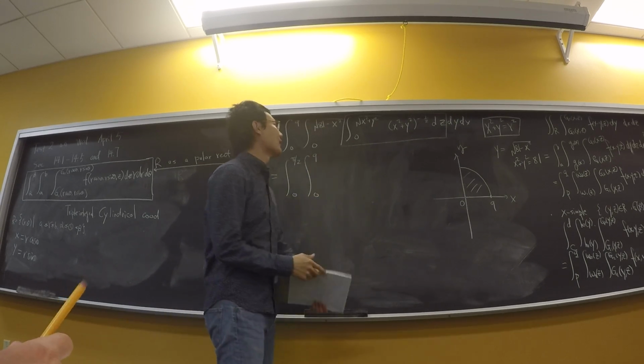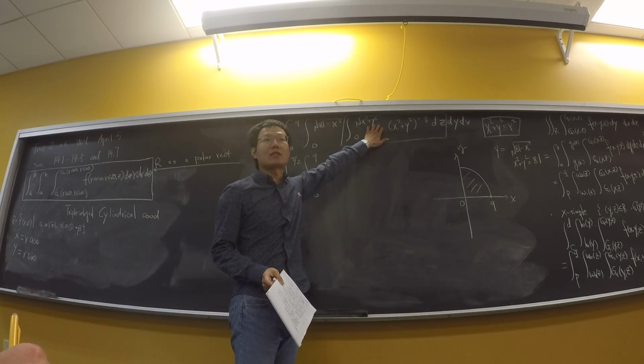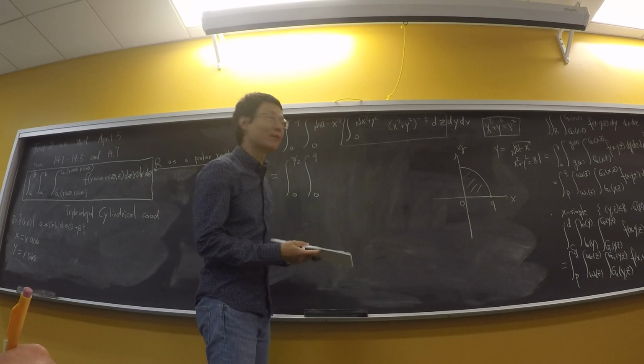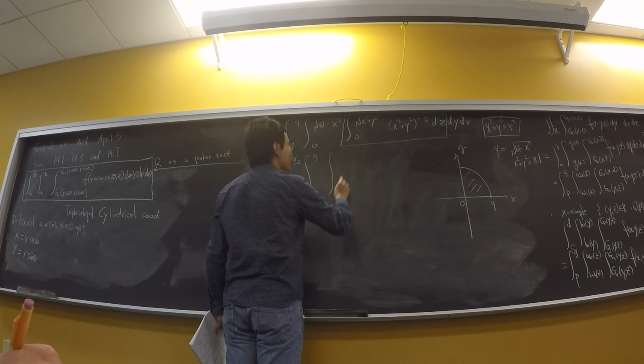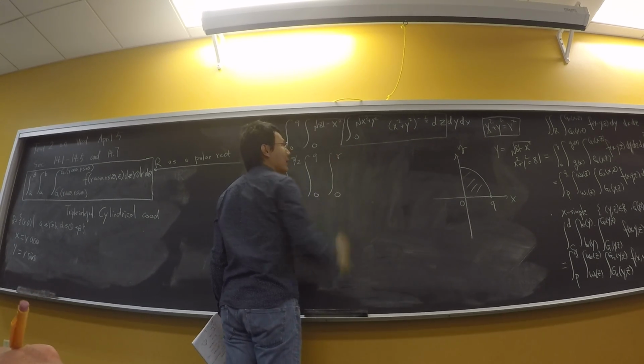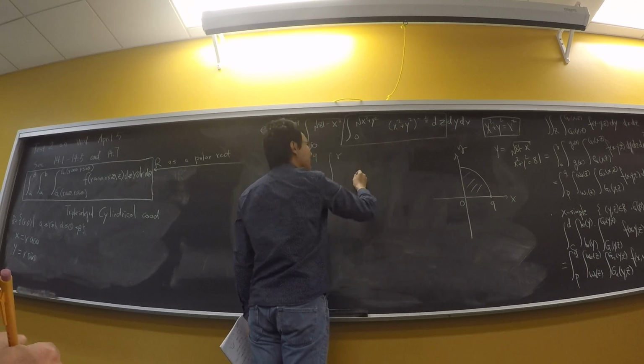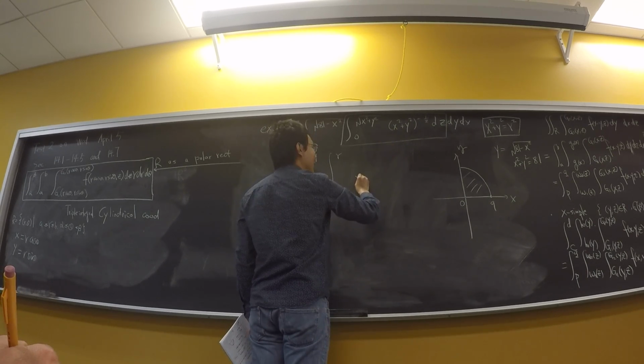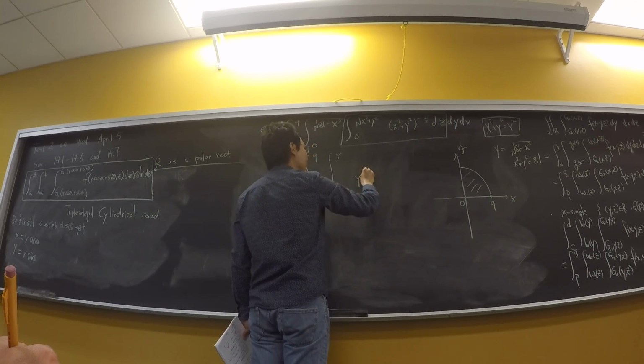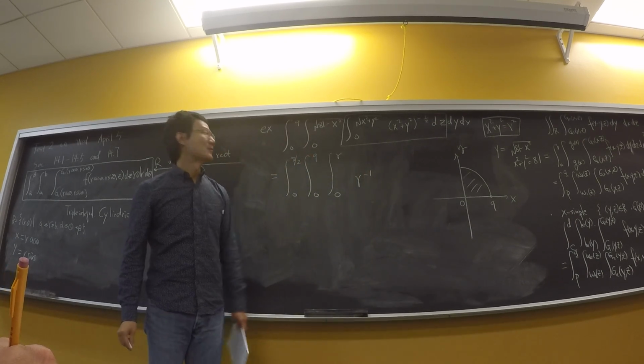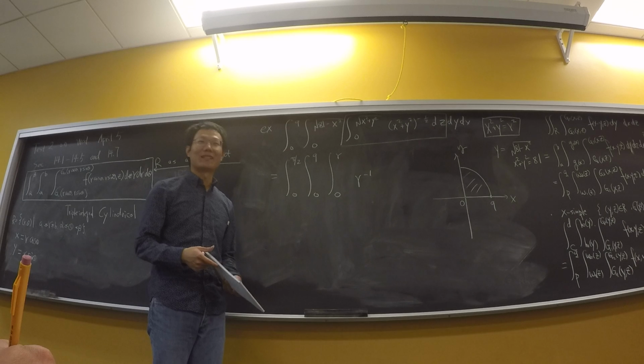And then now I look at the inside. I'm going to switch from x, y to r and theta. So it's going to be from 0 to r. And what is this integrating function? 1 over r to the minus 1 or minus 1/2?